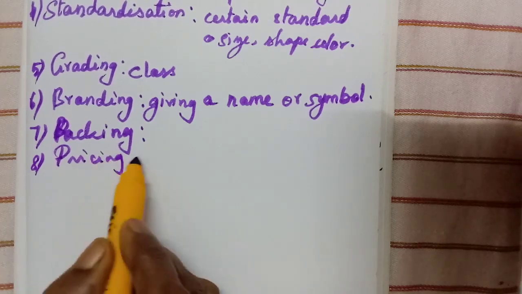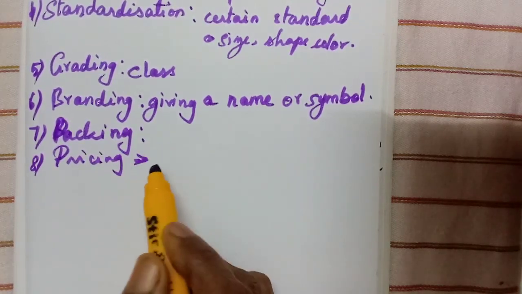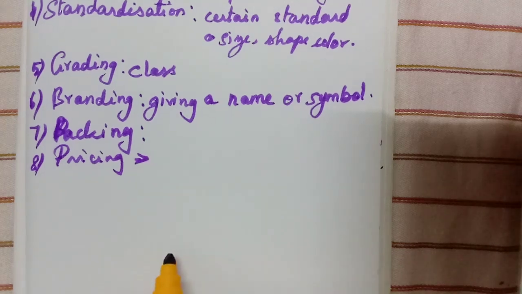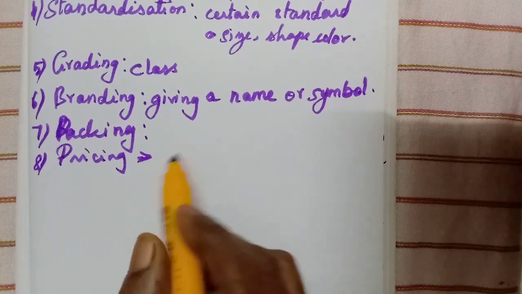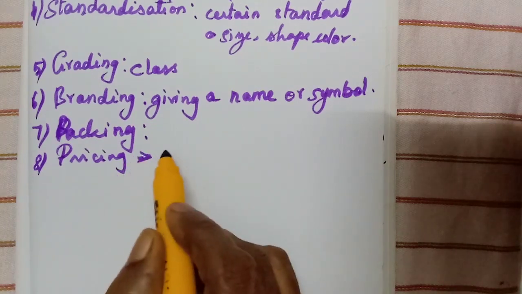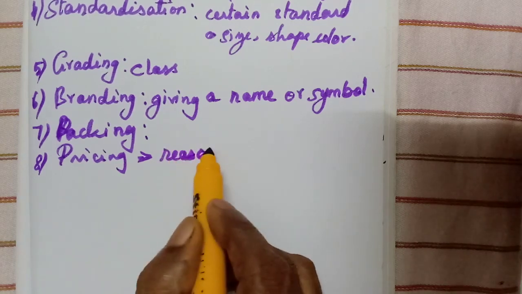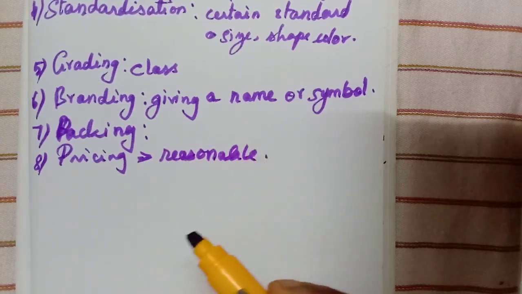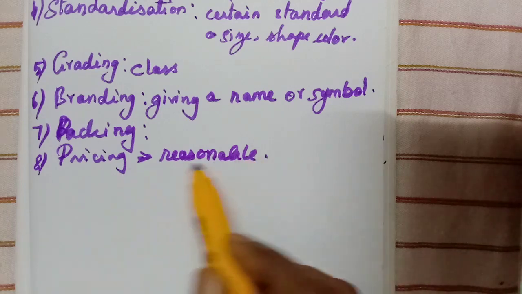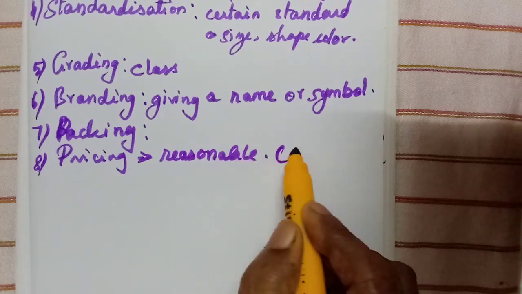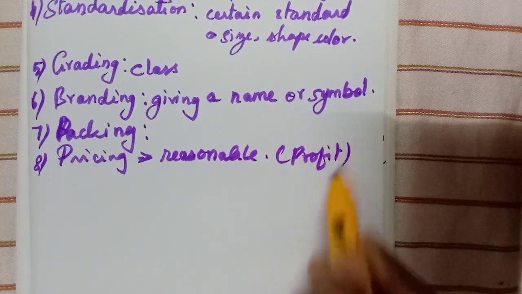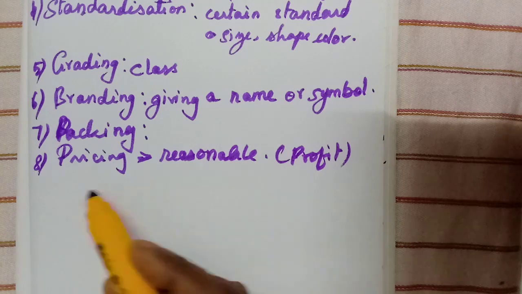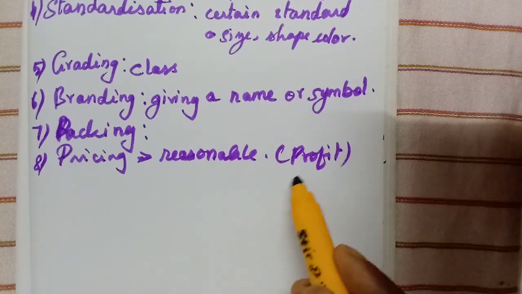Pricing is needed, because if they do everything good and fix a very high price, nobody will purchase the goods, isn't it? Or if, in order to sell more goods, they fix a very low price, then they cannot earn profit. So the price must be reasonable. Understand? It is a very important factor for earning profit. If everything is done well and pricing is not done properly, then they cannot earn profit.